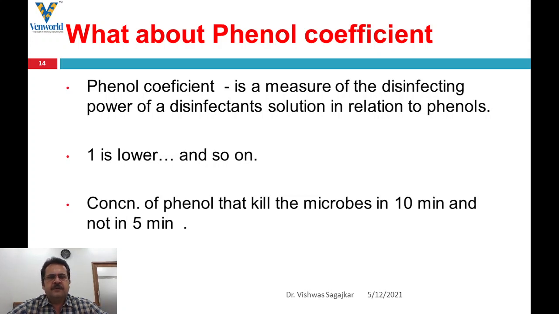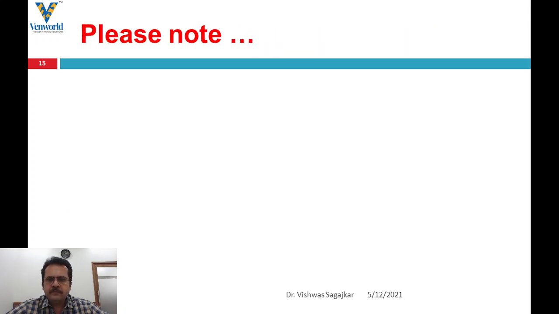The concentration of phenol that kills the microbes in 10 minutes and not in 5 minutes is used while calculating the phenolic coefficient. Our product Biofin has more than 23 phenolic coefficient, which is a highly effective and high level germicidal product. But about phenyl, we must note that the phenol coefficient is less than 1.